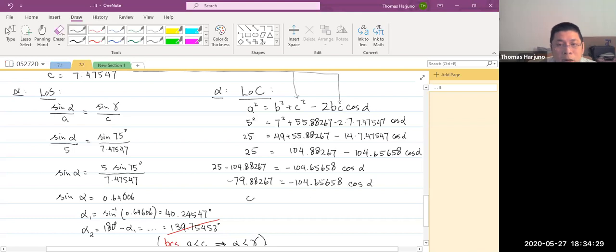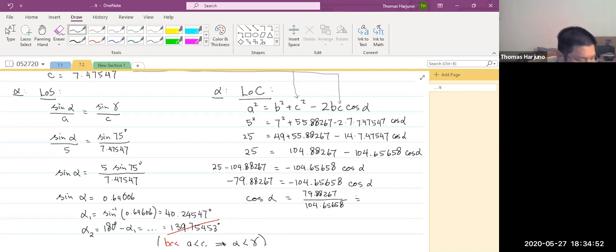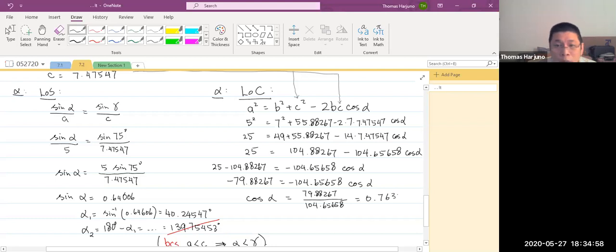So cosine alpha will be 79.88267 over 104.65658. What is that? That's 0.76328.